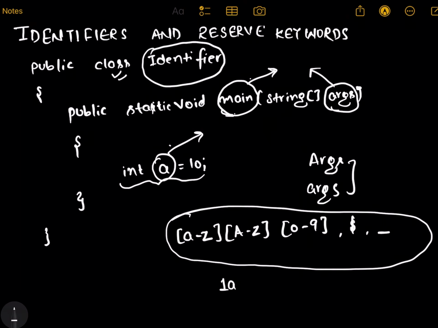It can be a1, a underscore 1, a dollar 1, or underscore a underscore b, but it should not start with a number. So this is not correct, but these are correct. An identifier should not start with a number.